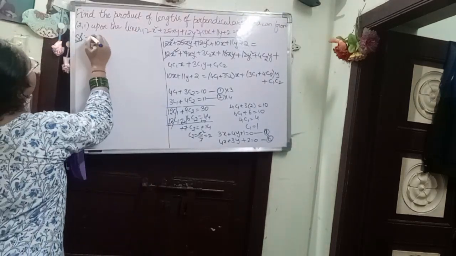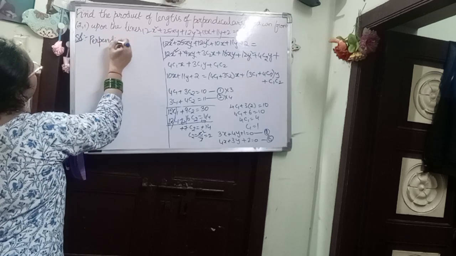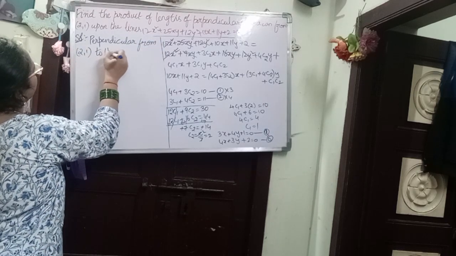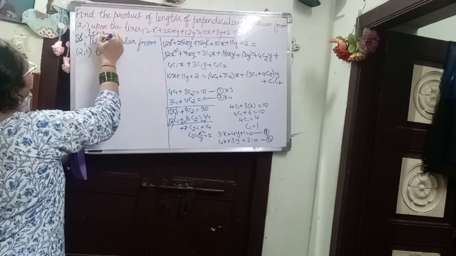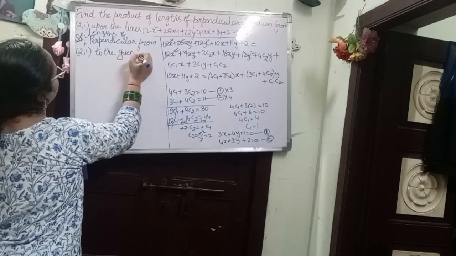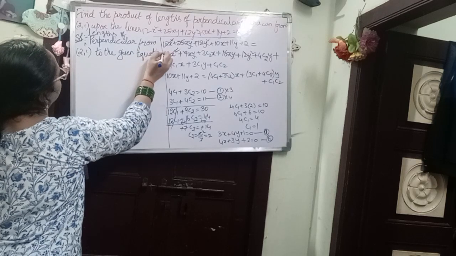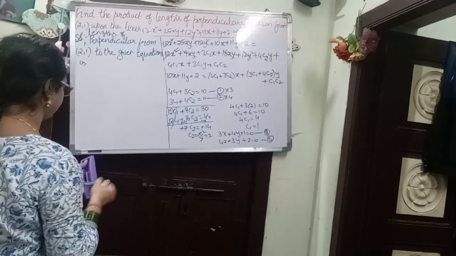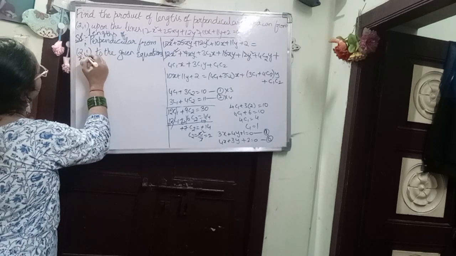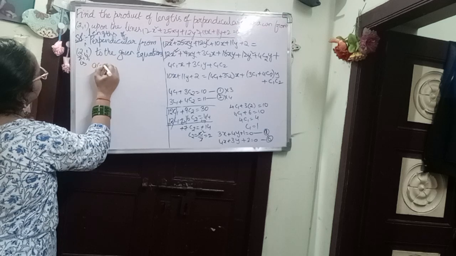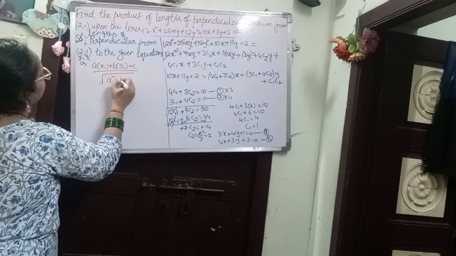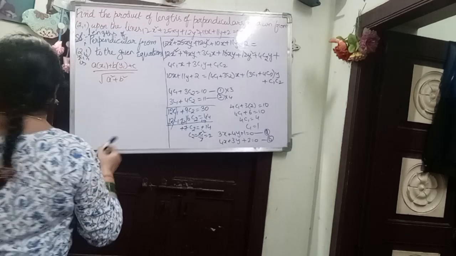The formula: if you take 2 as x1 and 1 as y1, the length is ax1 plus by1 plus c by root of a square plus b square. That is the formula.